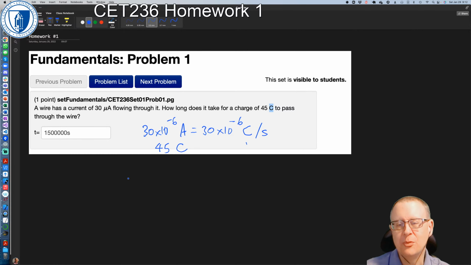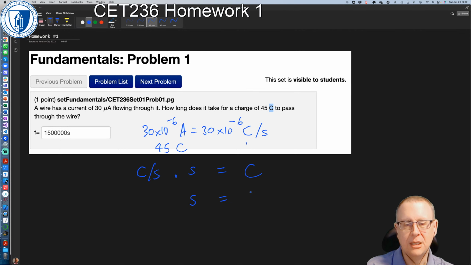Right, so how do we do that? Well, the relationship is we're going to have coulombs per second times seconds equals coulombs. Just simple as far as the units are concerned. To find the seconds, we need to divide both sides by coulombs per second. So we get coulombs divided by coulombs per second, and that's going to give us our answer.